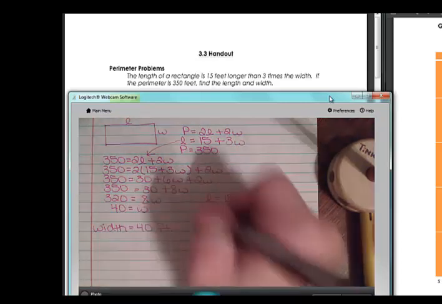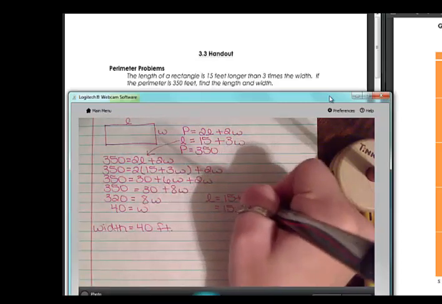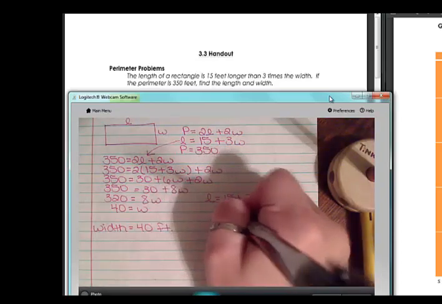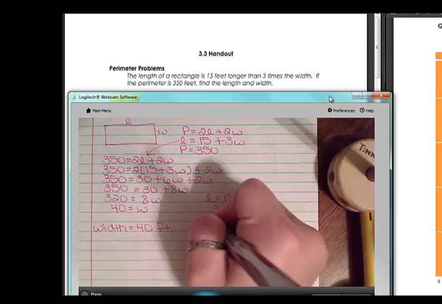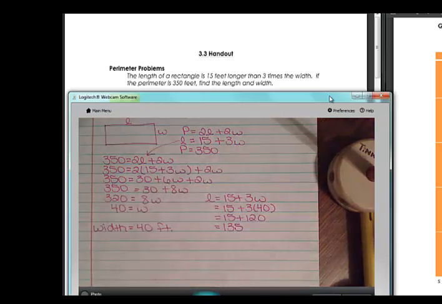We know our W then is 40. And we should be able just to work this out. So we got our length is 135.